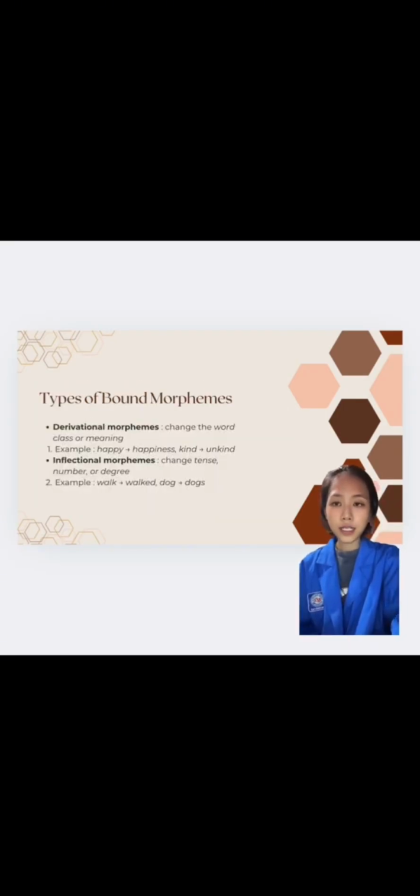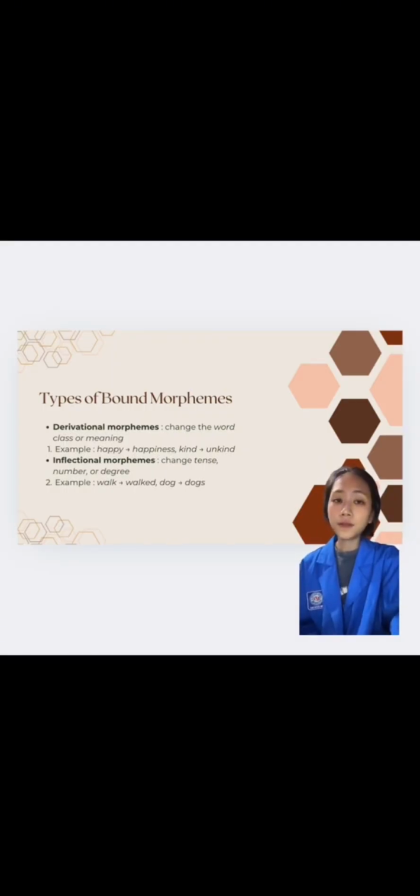For next slides, it's types of bound morphemes. There are two kinds of bound morphemes: derivational and inflectional. Derivational morphemes create a new word or change its part of speech. For example, happy becomes happiness, or adjective to noun.